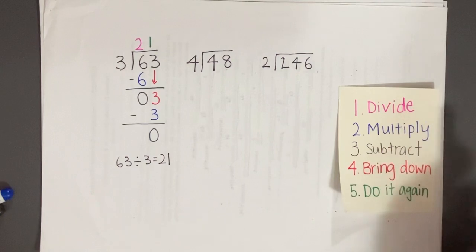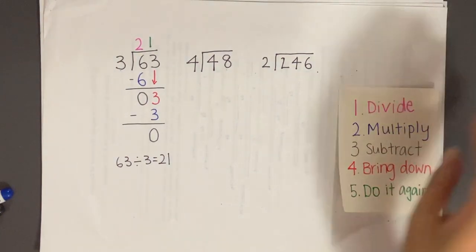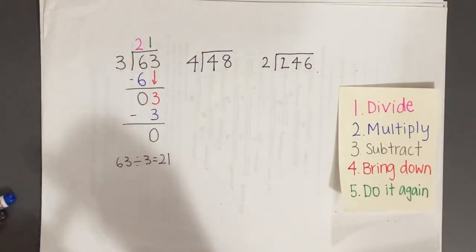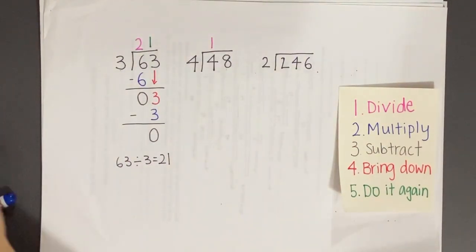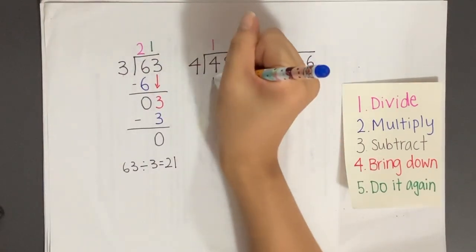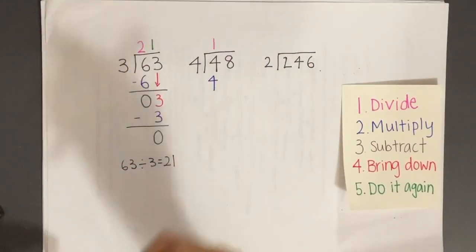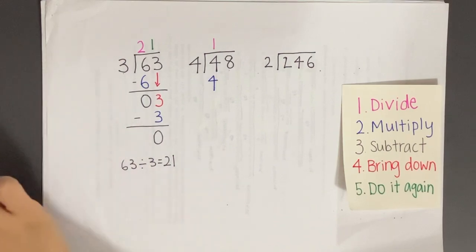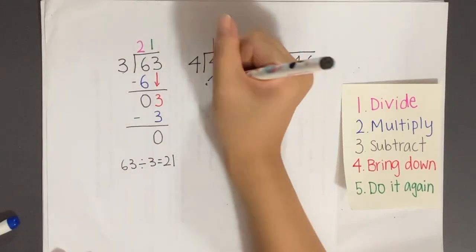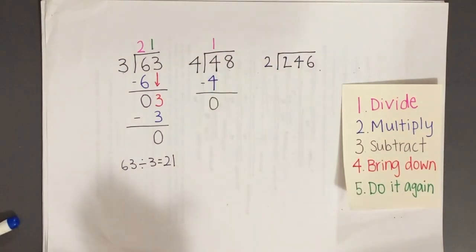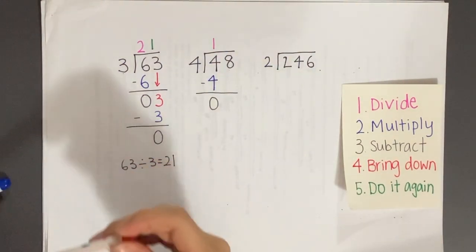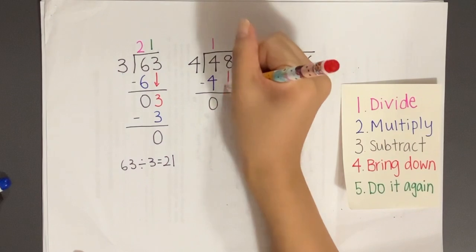Next question, 48 divided by 4. First, I take 4 divided by 4, which gives me 1. 4 times 1 gives me 4. I subtract it, get 0. Bring it down.